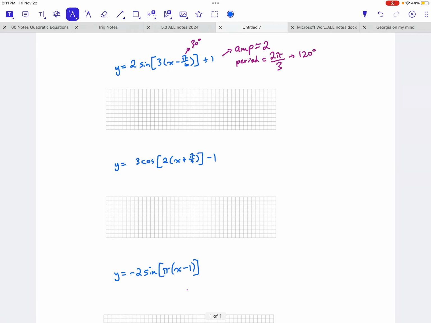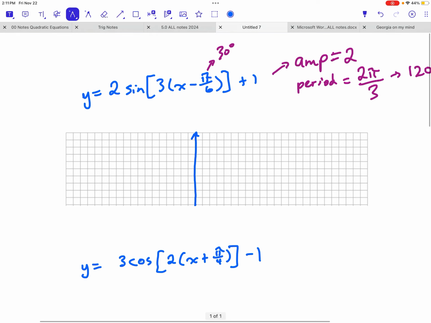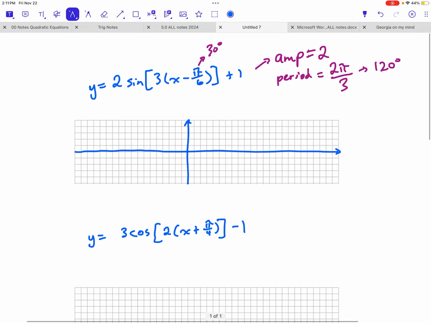So based on what I can see right now, I'm thinking to myself, I'd like to make sure that my graph goes up by intervals of 30 degrees. It'll make my math be a little easier. Okay, so the stretch version, I know it's going up 2, down 2.